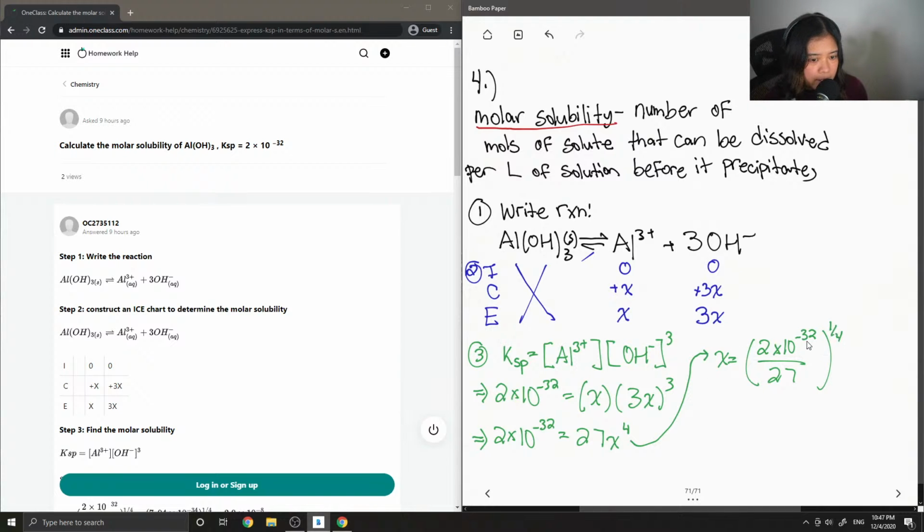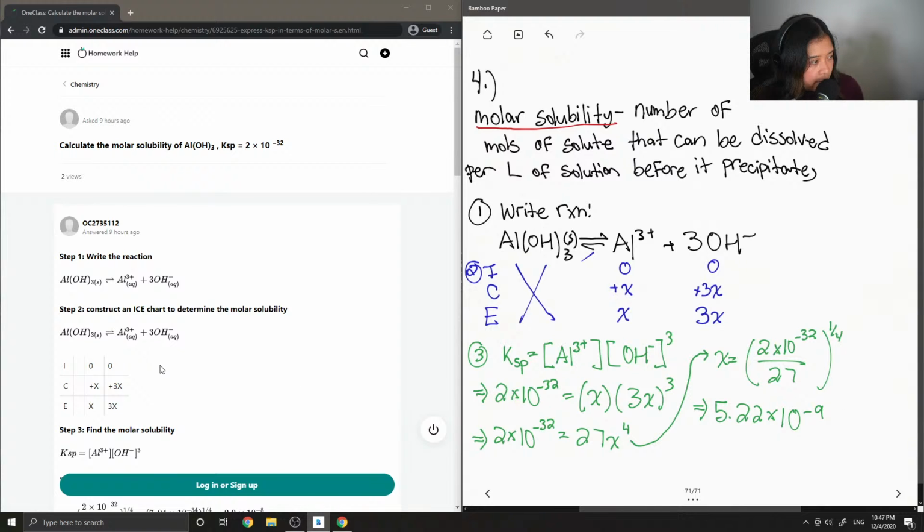So it's like taking the fourth root. I don't know what that term is called, but if you plug it all into your calculator or an Excel sheet, for example, you get a molar solubility of 5.22 times 10 to the negative 9.